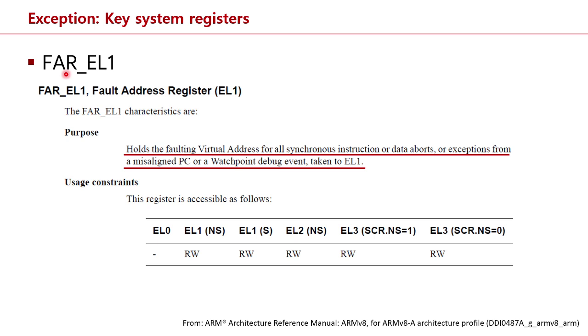What is the FAR_EL1 register? It means fault address register. As the name of this system register implies, it holds the faulting virtual address. The faulting virtual address means the invalid virtual address.